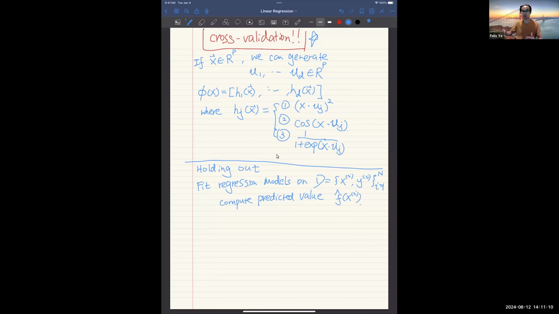If these predicted values are close to the truth, which is yi, then we know this RSS or MSE or negative log likelihood will be small. So that means they're close. In some senses, training error is low.